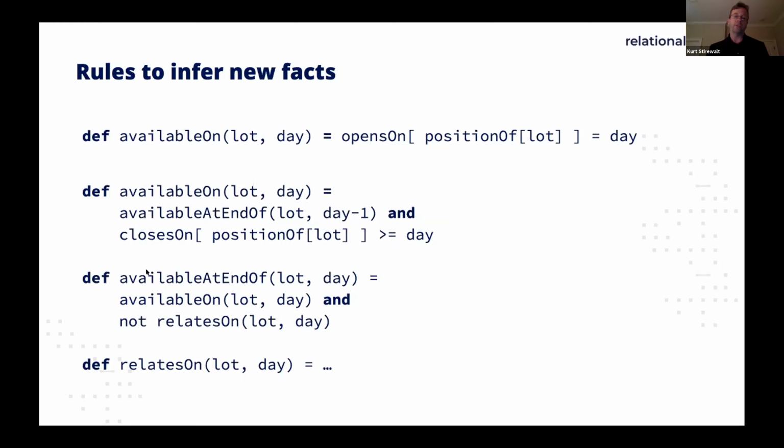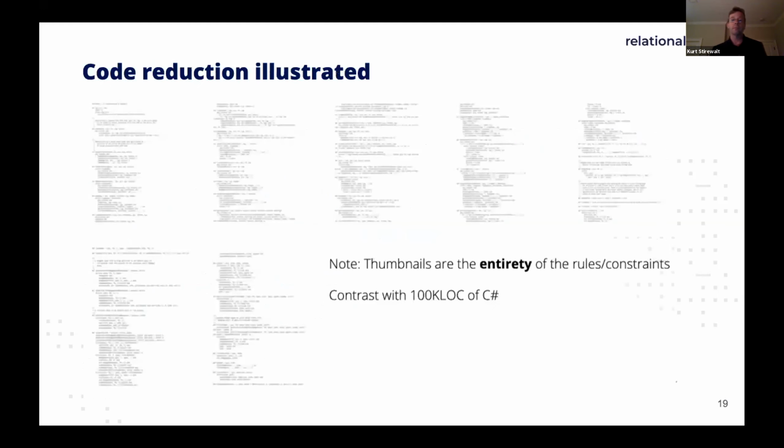That relation is defined by a rule here, and it refers to the available on relation. So clearly it's recursive in nature. To reiterate the point from earlier, notice that each of these rules is very compact and can be verbalized meaningfully in English. This is in stark contrast to what you typically see in an imperative implementation.